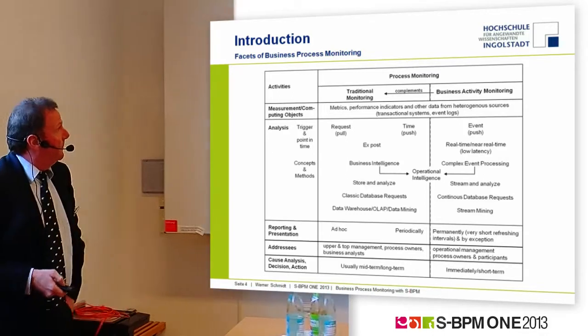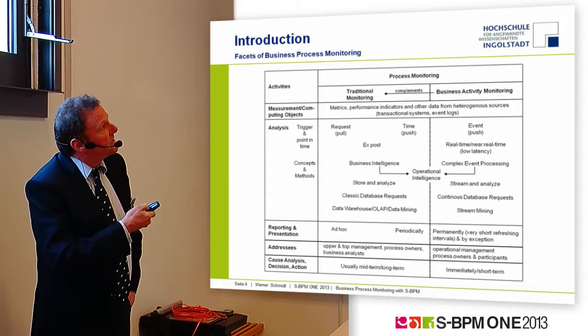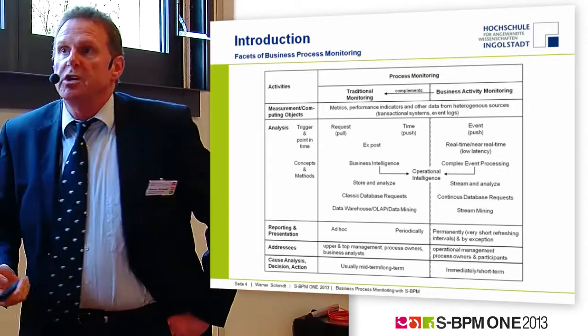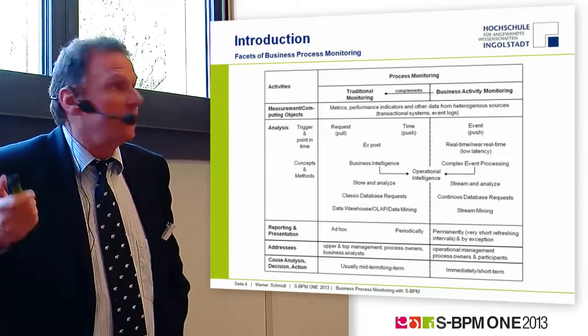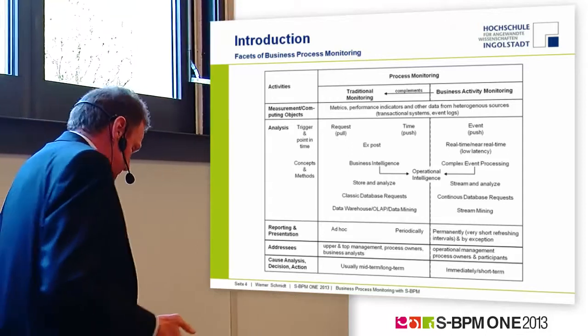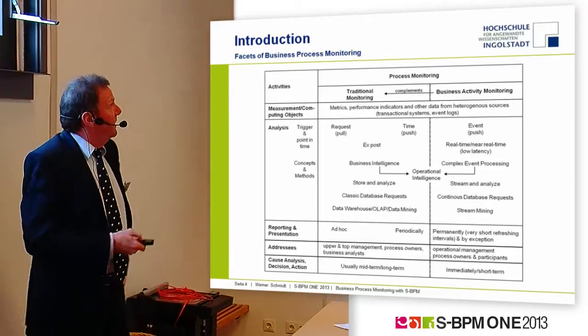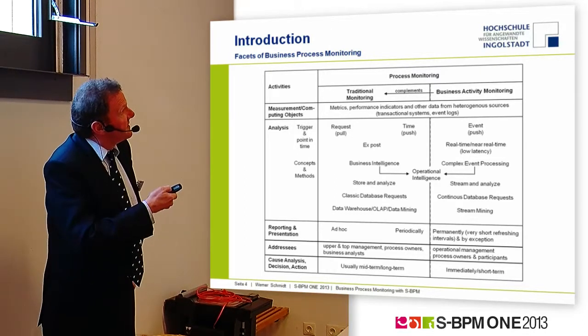The measurement or computing objects are the same for the two columns. Metrics, performance indicators, which are recorded, for example, by the process engine as timestamps as we had before, or event logs from transactional systems as well. If we look at this analysis row, we see some differences.